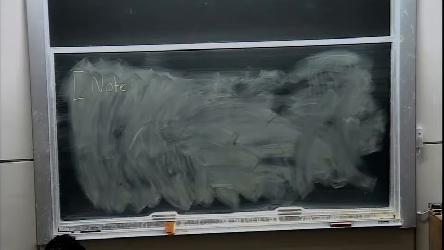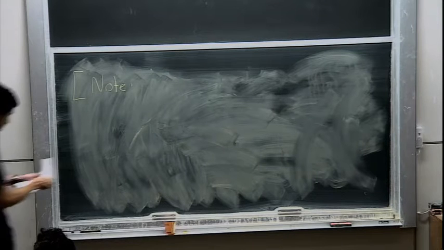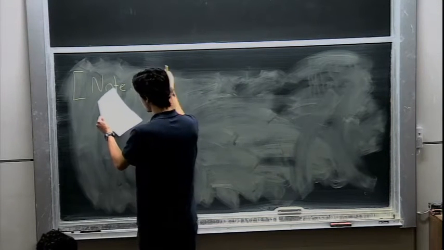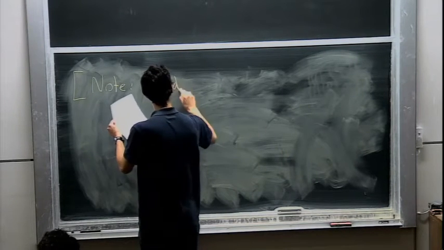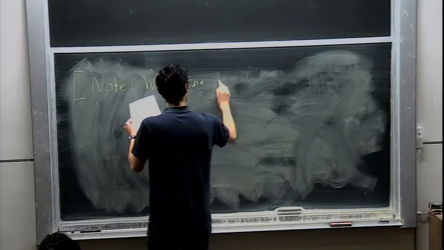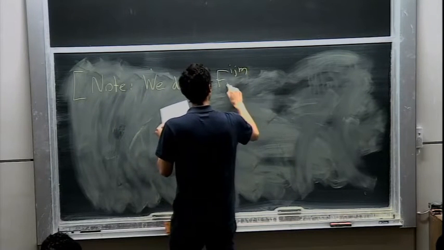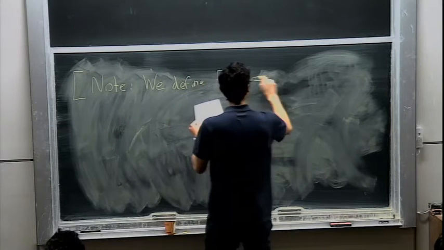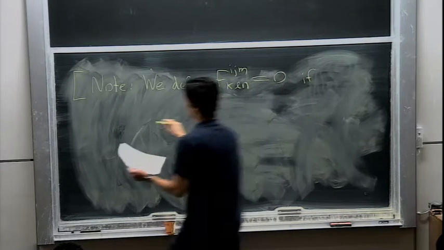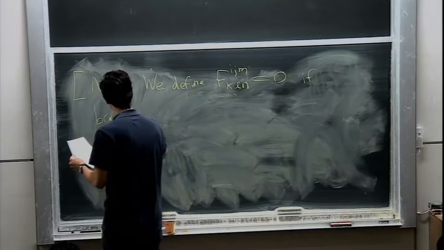So by convention, I'm going to define F to be 0 if any of these 4 points have some unallowed branching. It's just a convention, but I'm going to use it when I write down the Hamiltonian. So we define F IJM KLN to be 0 if the branching rules are not obeyed on either side.